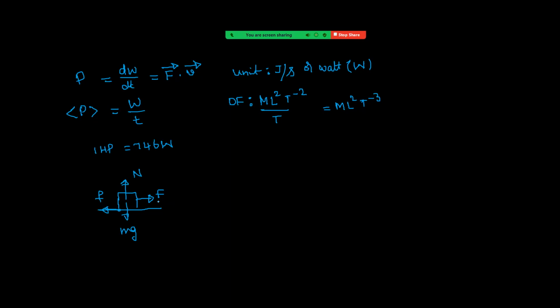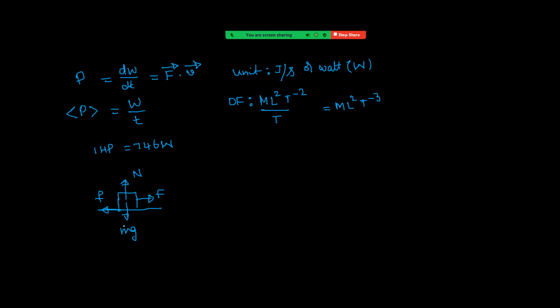Therefore, by the applied force, power delivered is positive. And if you see the frictional force, it is towards the left side, but velocity is towards the right side. So power delivered by frictional force is negative. And because of gravity and normal reaction, velocity is along horizontal, but these two are along vertical, meaning the angle is 90.